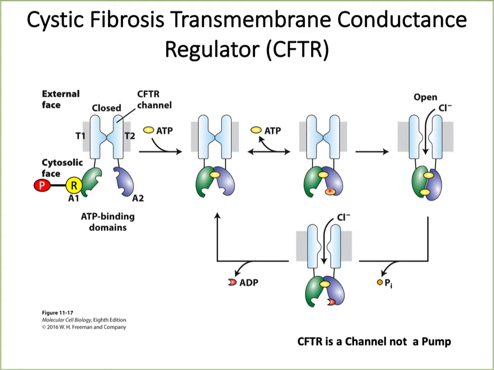Then a second ATP binds to the A2 domain, leading to the formation of a tight intramolecular A1-A2 heterodimer. This opens the Cl- channel. The relatively stable open state becomes destabilized by A2 ATP hydrolysis to ADP and Pi and disrupts the A1-A2 dimer interface, leading to channel closing.